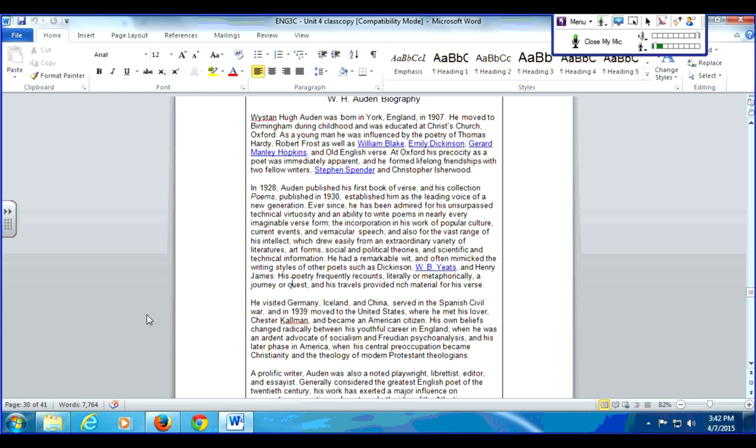He had a remarkable wit and often mimicked the rhyming styles of other poets such as Dickinson, W.B. Yeats, and Henry James. His short figure accounts later used metaphorically a journey or a quest, and his travels provided rich material for his poems.